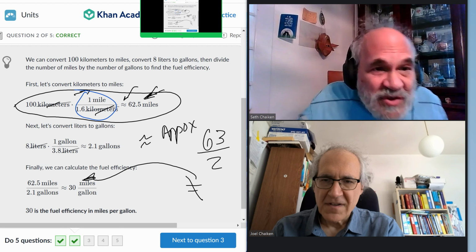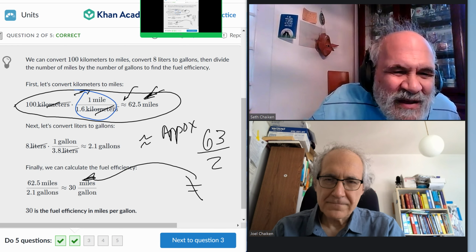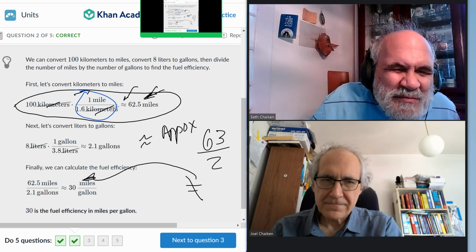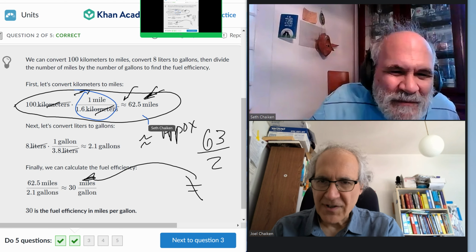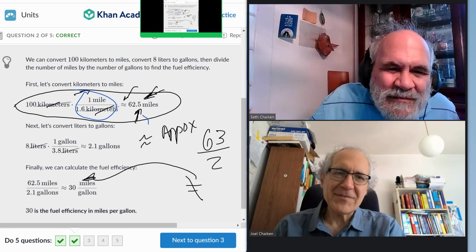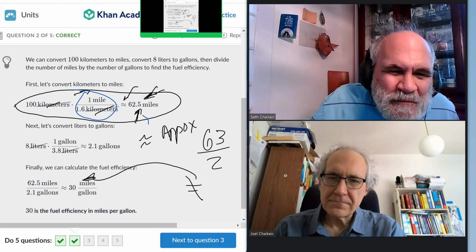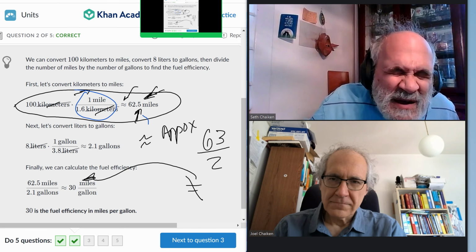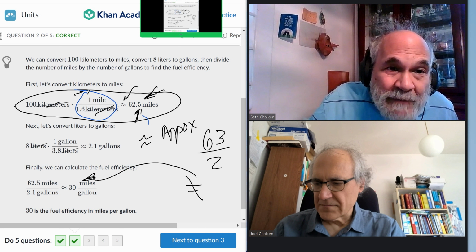Well, let's see. The first round is one rounding. This is also an approximation, but they did it to three significant figures, and one decimal place. Then they did this to two significant figures, and then they multiplied them, and then did it to two significant figures.